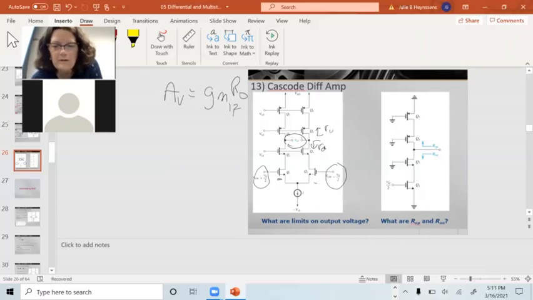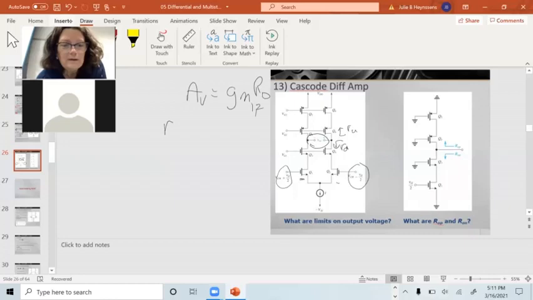We get that multiplier in there. R down is going to be, go back to that handy dandy little chart, the RO of 4, and it has a transistor in its source, so it's 1 plus GM4 RO2.